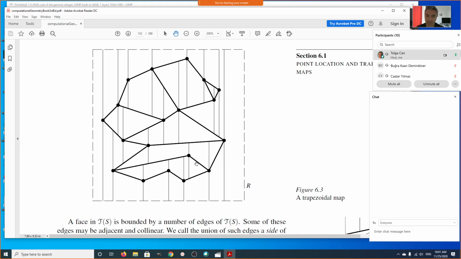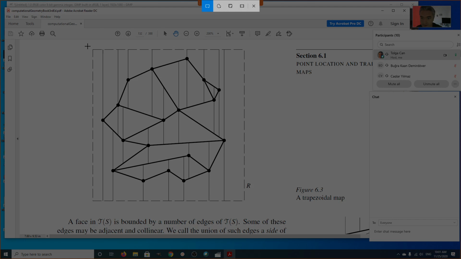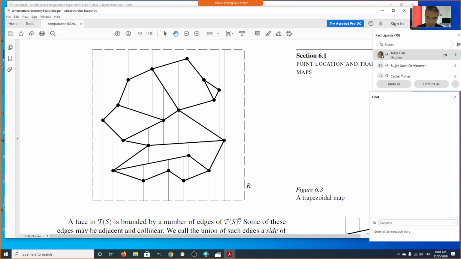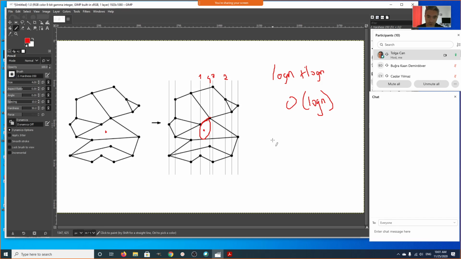If you look at this figure, another thing that is different from the previous case is that this planar subdivision looks like the previous one, but there are some differences. In order for the algorithm to work correctly, we are going to need the points to be in general position, which means that no two vertices should have the same x coordinate.